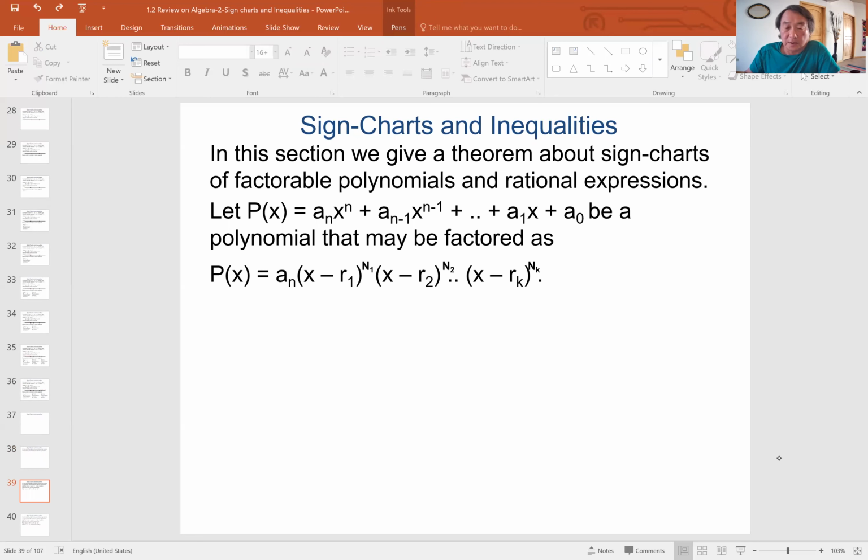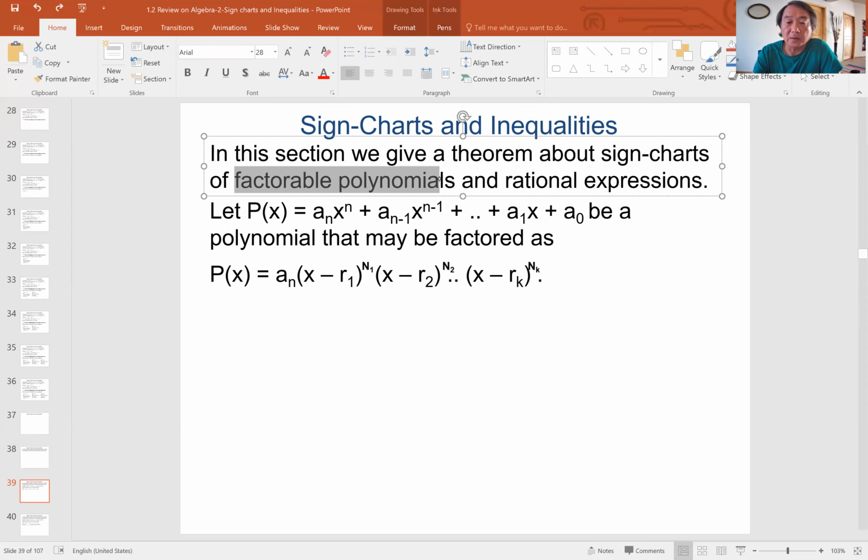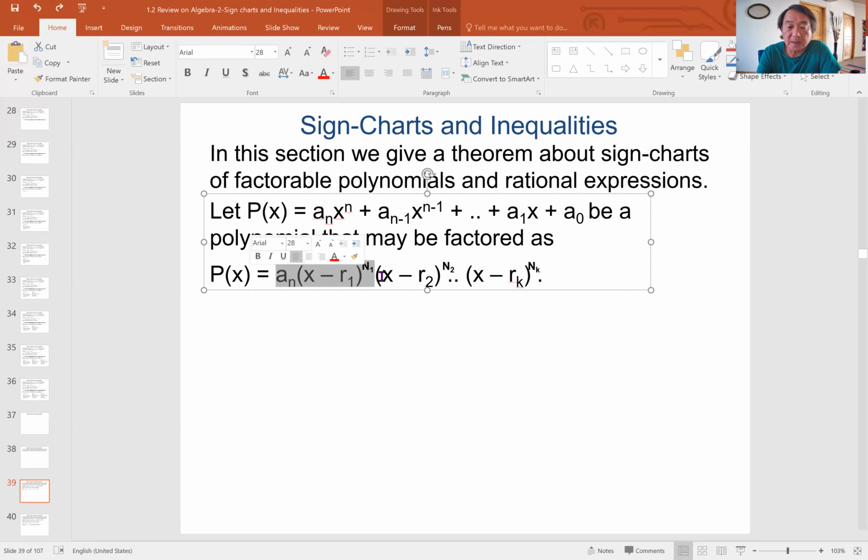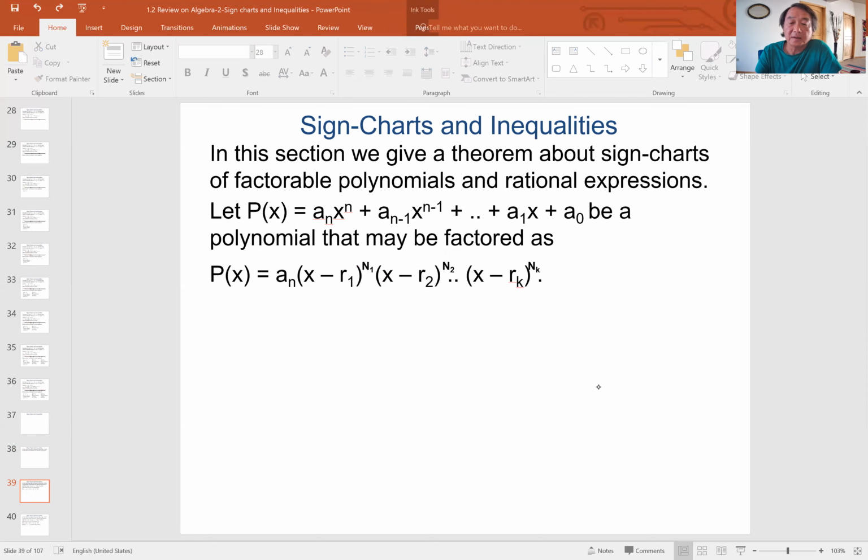Now, there's an easy way to do this, in particular, for the kind of formula we want to study. The kind of formula we want to study are factorable polynomials. They can be factored into linear terms, x minus something, x minus something, x minus something. Of course, there might be repetitions of the factor. So the power is the repetitions.